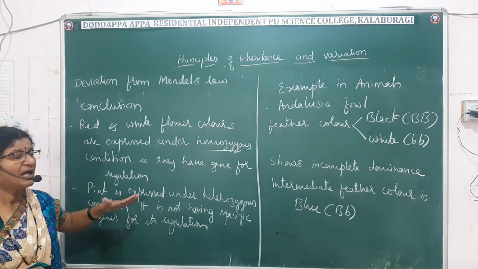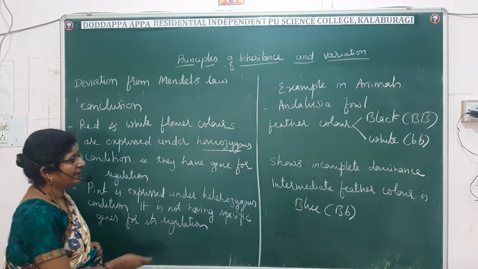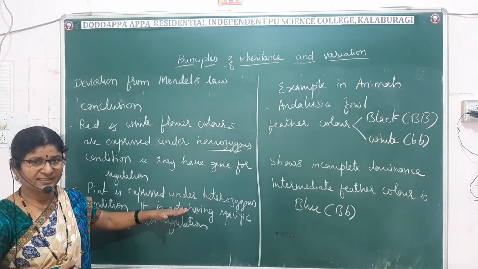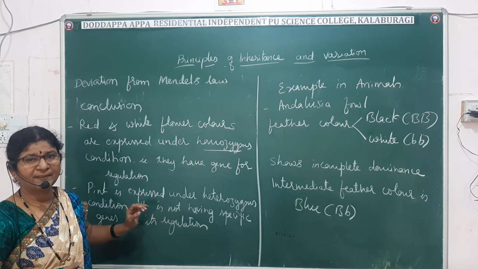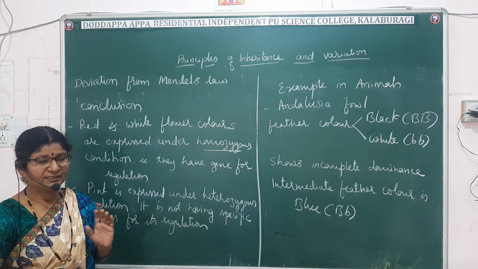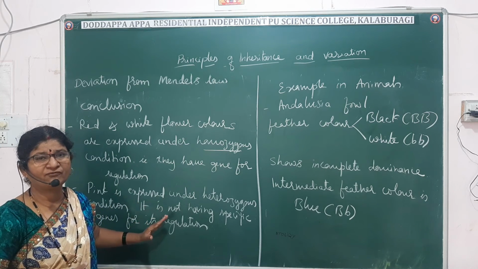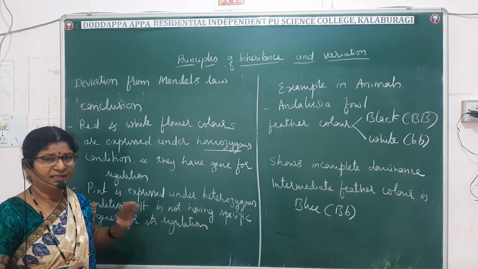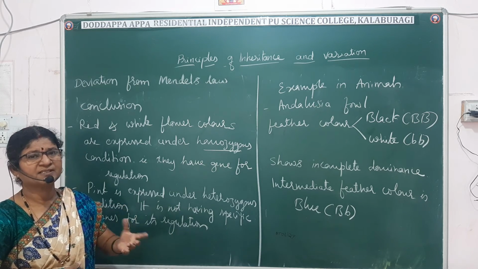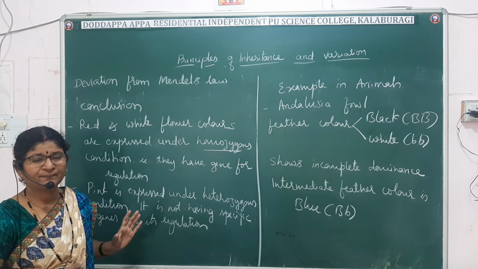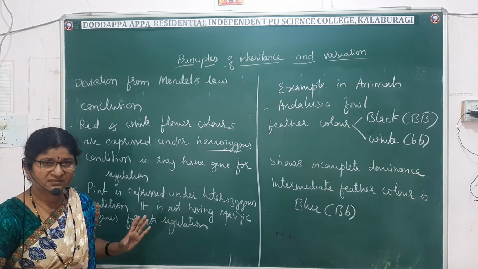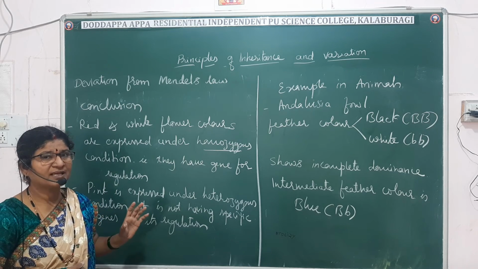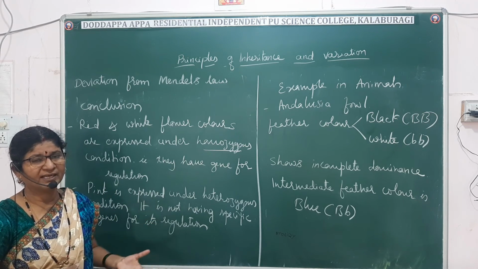And pink is expressed under heterozygous condition, that is capital R, small r, and there is no specific gene for the regulation of pink flower color. So the intermediate color which is expressed does not have any specific genes for its regulation. This we have to keep in mind. Whenever heterozygous condition comes, the pink color will get expressed.